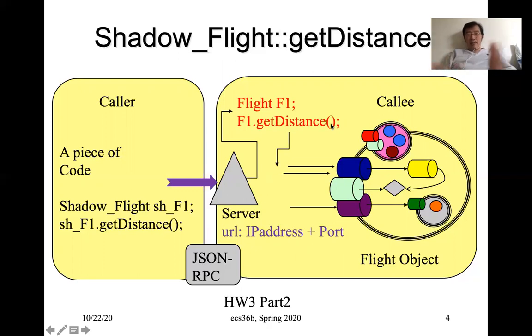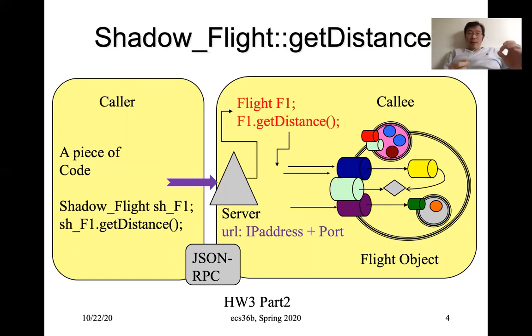Let me explain the server side first. The server receives a request. Of course, the request itself has the correct URL and port number; if you don't have that, I won't even be able to receive it. Once I get it, it's really the problem of class ID and object ID.